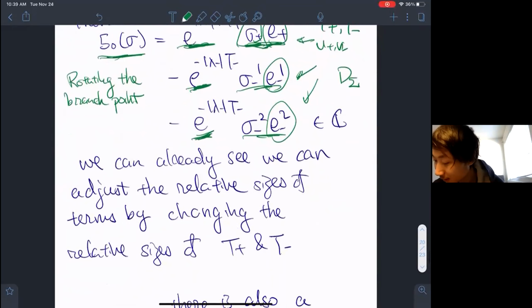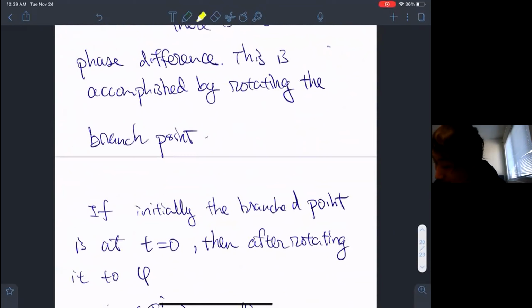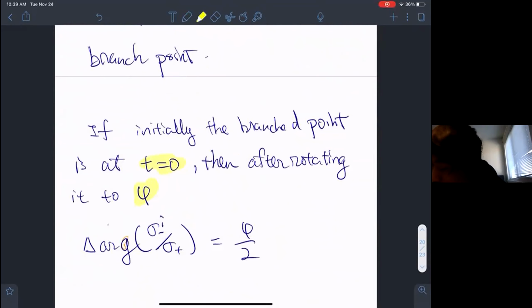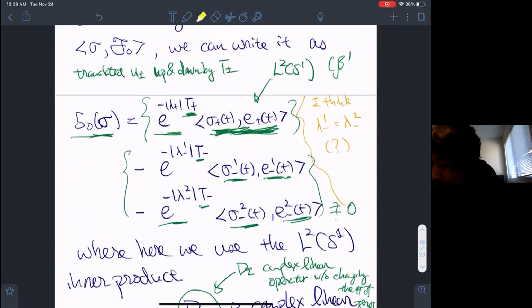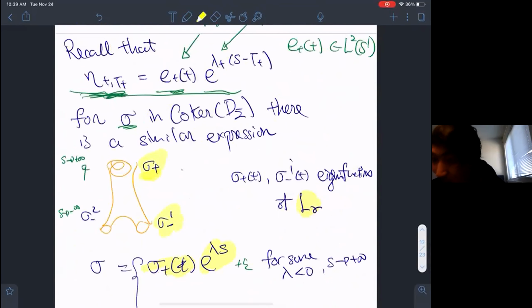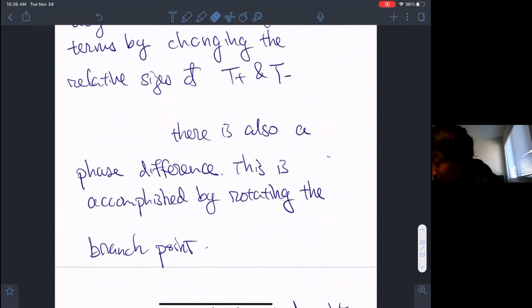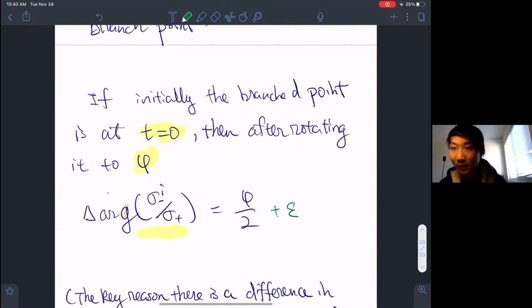So a little lemma is that, we initially set our branch point at t equals 0. Suppose we change it by an angle phi, then the relative argument between sigma restricted to sigma plus and sigma minus, the relative argument of these two complex numbers will change by phi over 2, maybe plus some epsilon.